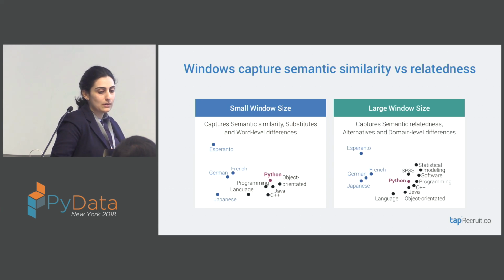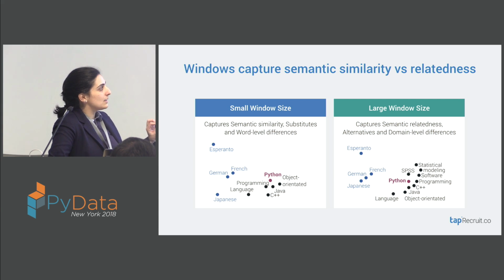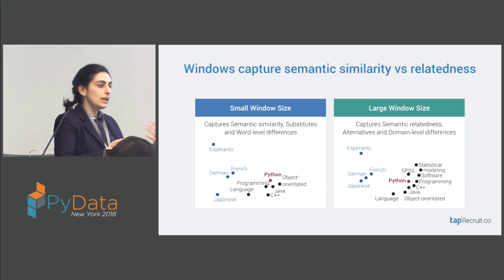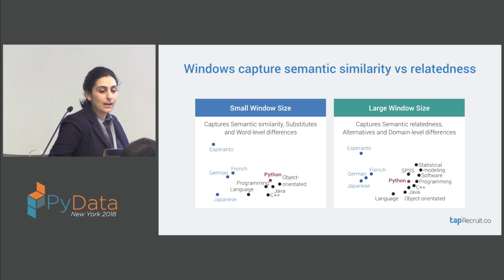If we have a larger window size, we capture more semantic relatedness. These are more things like alternatives rather than substitutes, in economic speak, and so these are domain level differences. Taking those previous examples, we see that SPSS is now getting closer to Python and languages are further out. So the window size is one way.